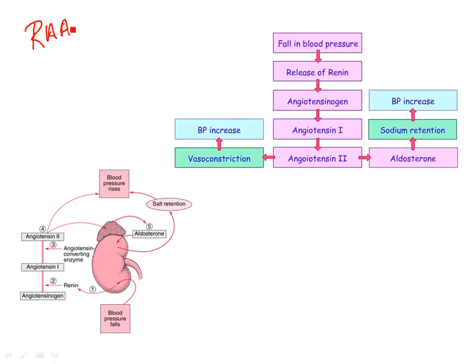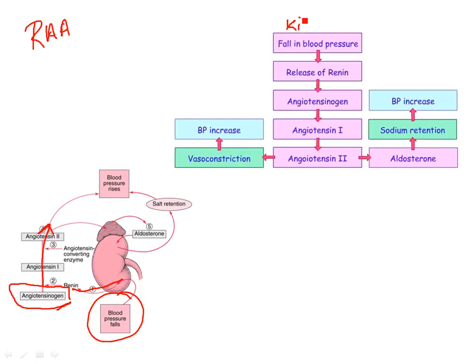So your kidneys are going to detect that your blood pressure has fallen. They're going to secrete renin, which begins an enzymatic cascade that takes an inactive component known as angiotensinogen and converts it into angiotensin II. Now, let's go back up here and look at the little flow chart.